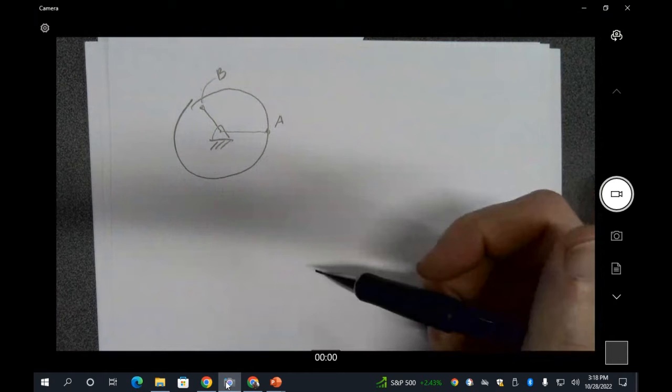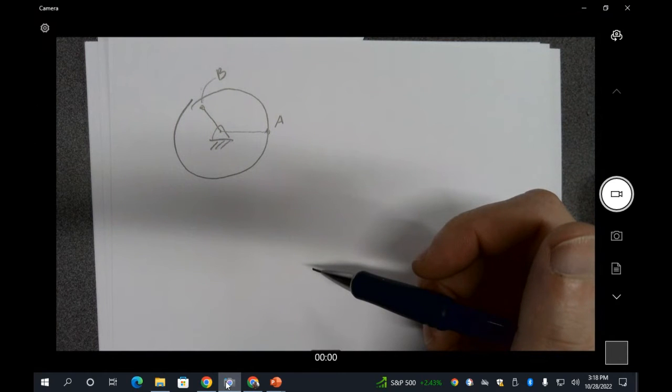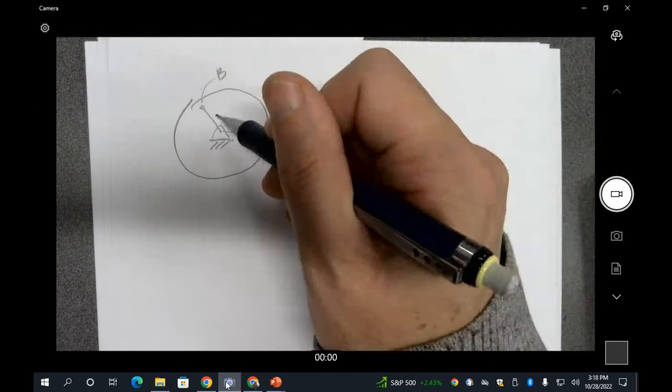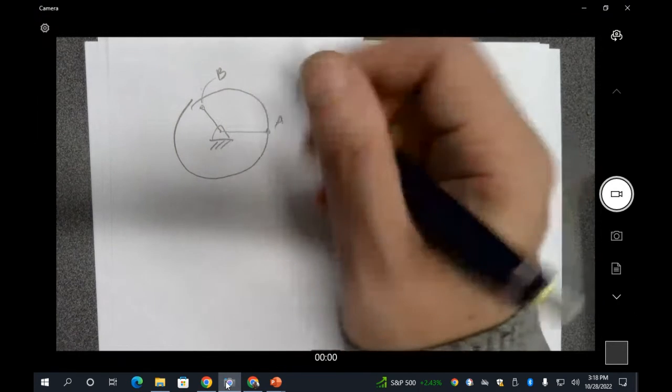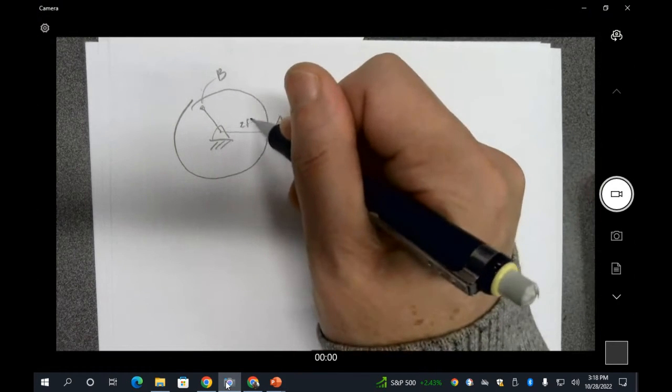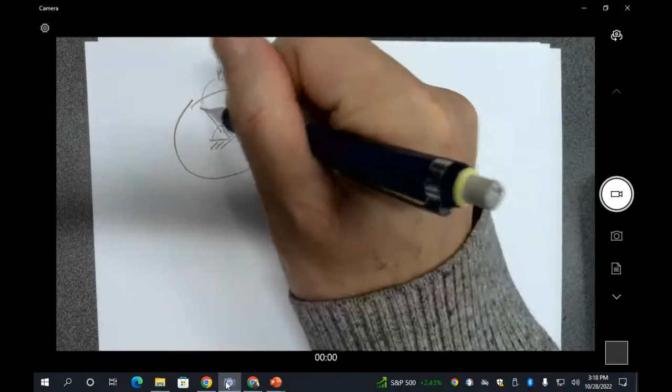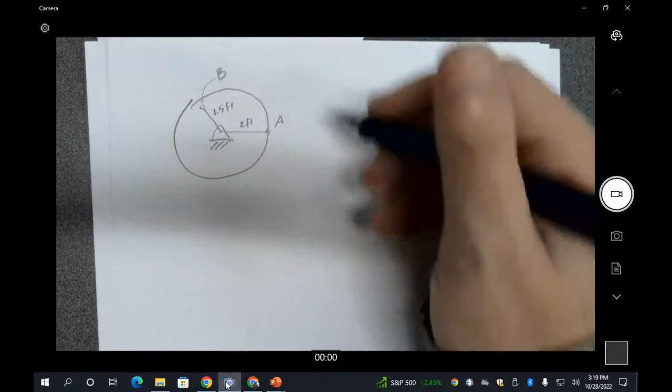Aren't we looking for it at B? Yeah, sure. Is the radius. I gotcha, but he just wants the n and t components. Okay, cool. And so the radius, I guess this is 2 feet, but we still didn't really use it for anything. This is 1.5 feet, that distance right there.